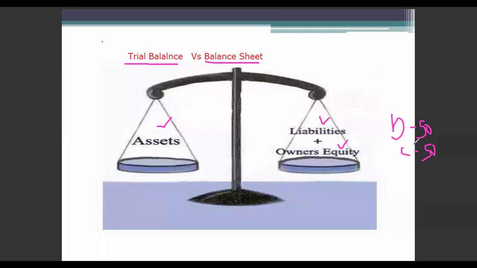So a trial balance is a summary, whereas a balance sheet is a statement which denotes each summary, each process in a systematic way, in systematic methods to present the actual fact sheet with all accounting logics and methodology.